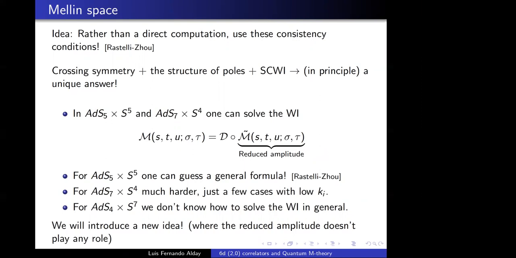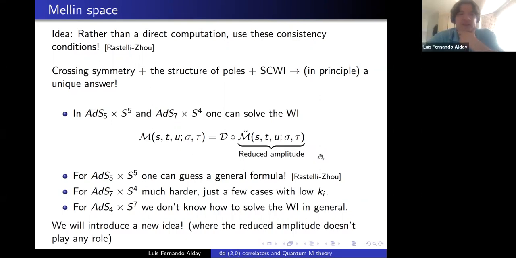But let me stress the following fact. In relation to what you say, it turns out that for AdS5 cross S5, one can actually guess a general formula, and this has been done by Rastelli and so on. But for AdS7 cross S4, which is the case interesting for us, it is much harder.